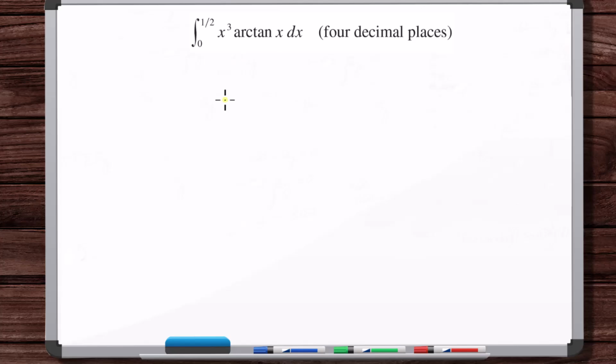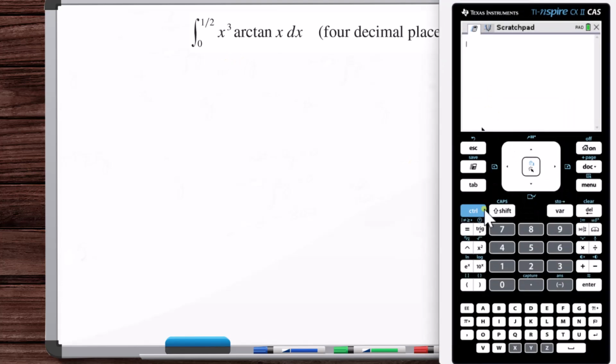Okay, now I'm curious. Whenever we did indefinite integrals as power series in the previous video, we were given integrals that we couldn't get by normal means. We couldn't get the indefinite integral, even with a calculator. So I wonder if we could get the answer with a calculator here, going from 0 to 1/2.